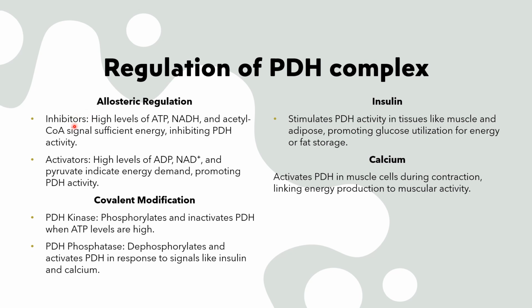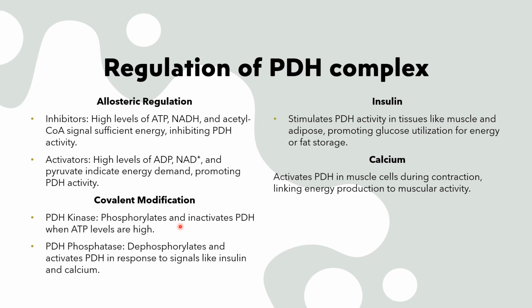So these are negative allosteric modulators of pyruvate dehydrogenase. Then we have activators, which are low energy level indicators such as ADP, the oxidized NAD, and pyruvate. All indicate high energy demand and promote the pyruvate dehydrogenase activity. So this is moment to moment, depending on what is present in the cell.